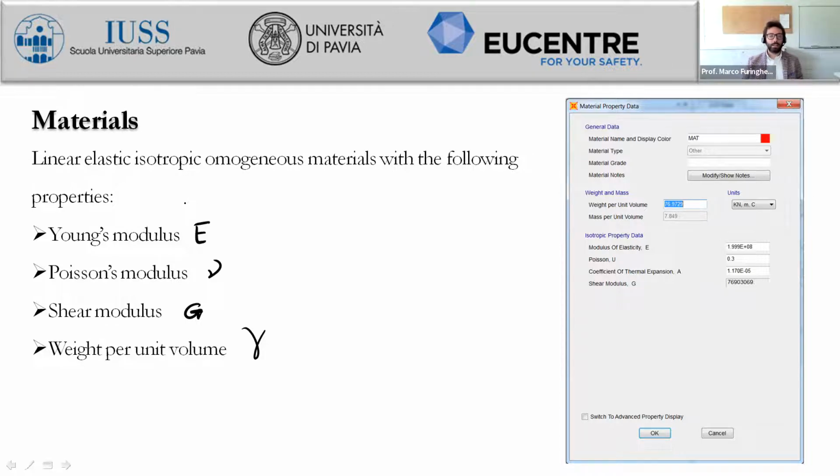Generally, in SAP 2000, there are some libraries of given materials according to the standard codes, because there are also some tools implemented within the software for section checks, so section design for reinforced concrete and also for steel structures. Since we are not going to use them, we can just set a linear elastic isotropic homogeneous material with just these four mechanical properties.